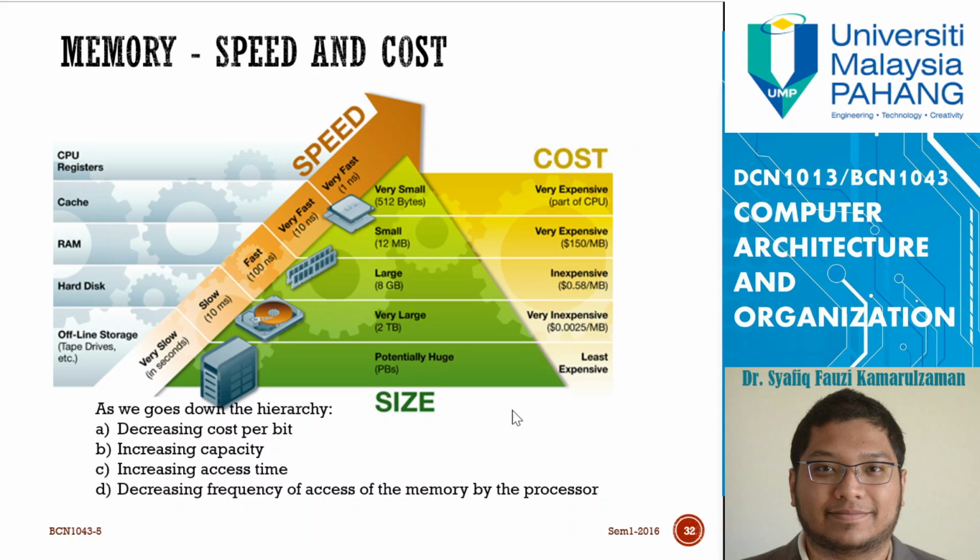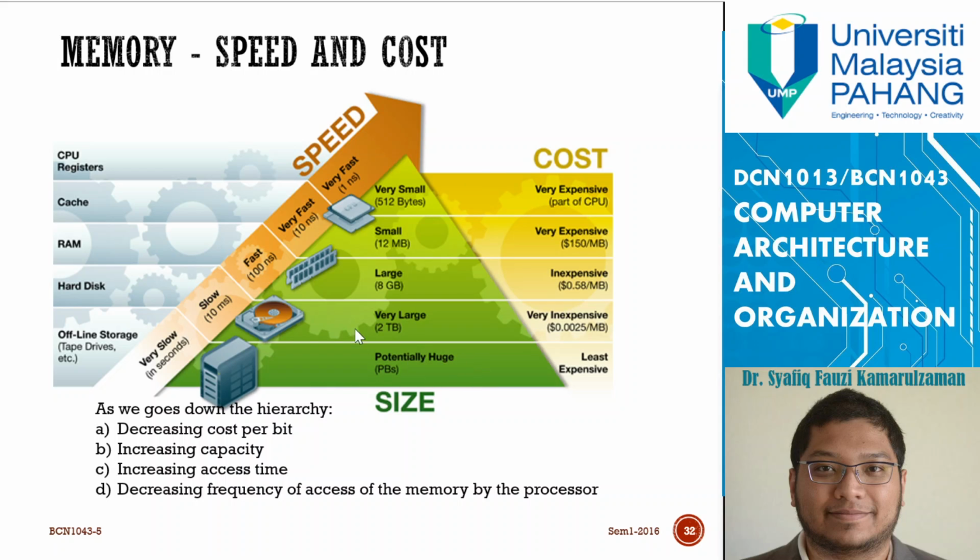So when you go down the memory hierarchy, you decrease the cost per bit, meaning the least expensive means the cost per bit of storage decreases, but the capacity increases. Access time also increases, meaning it is a little bit slower, maybe a lot slower compared to the top.